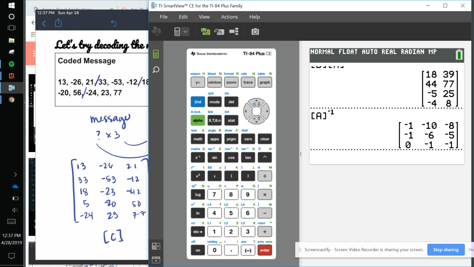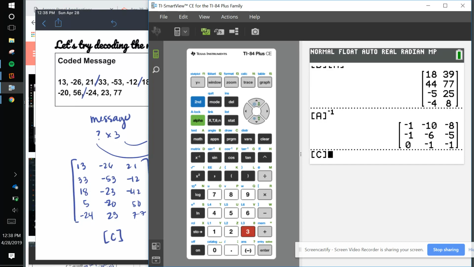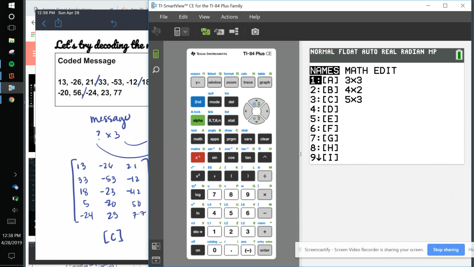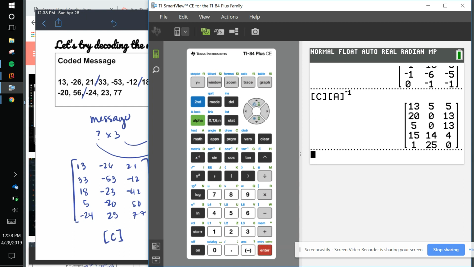So I'm going to go ahead and do matrix C times matrix A inverse, giving us 13, 5, 5, 20, 0, 13, 5, 0, 13, 15, 14, 4, 1, 25, and 0.